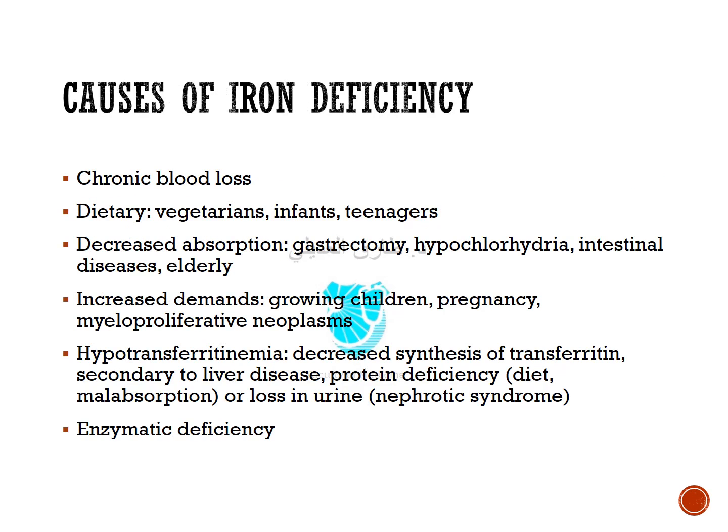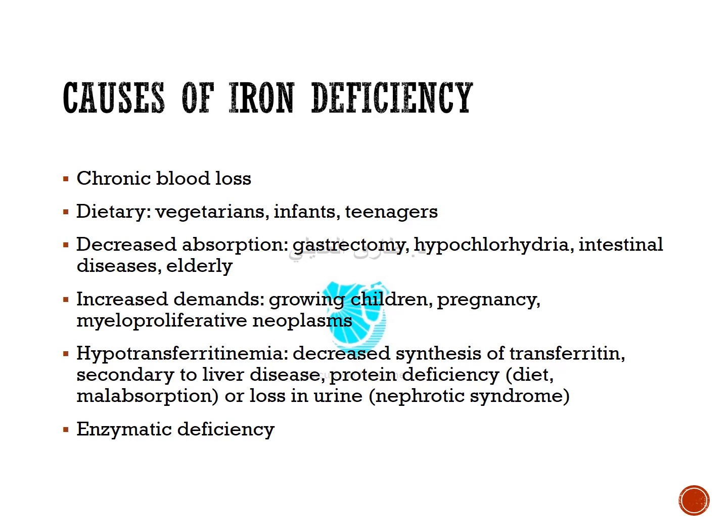What are the causes of iron deficiency? The first one is chronic blood loss, and we mentioned this earlier, because it is difficult to regain this loss of iron. Diet, if the person eats a lot of vegetables at the expense of meat.